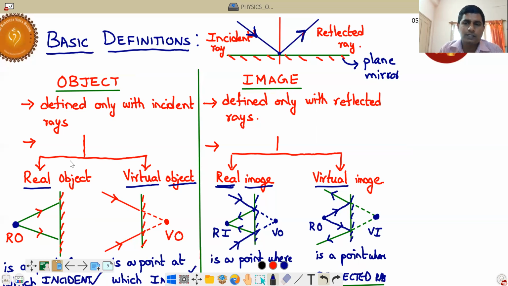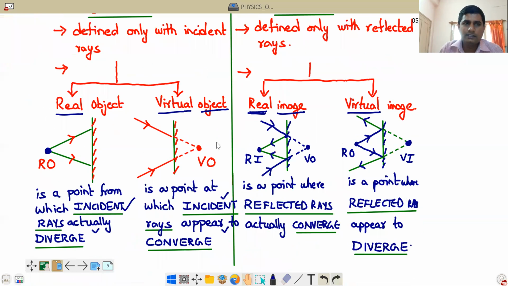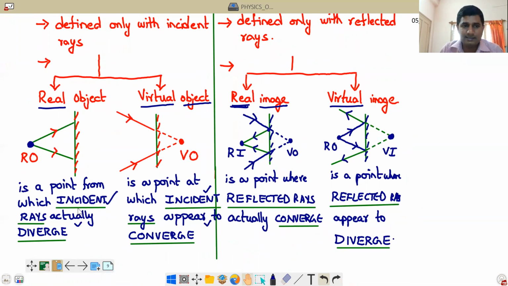Now what is meant by real objects? Objects are of two types: one is real object and one is virtual object. Real object is a point where incident rays. As I told you before, whether the object is real or virtual, it should always be defined in terms of incident rays. So you should always look for incident rays.